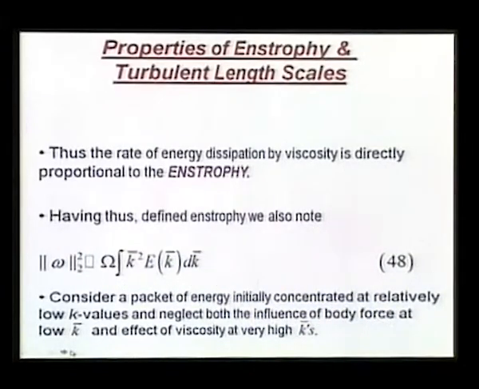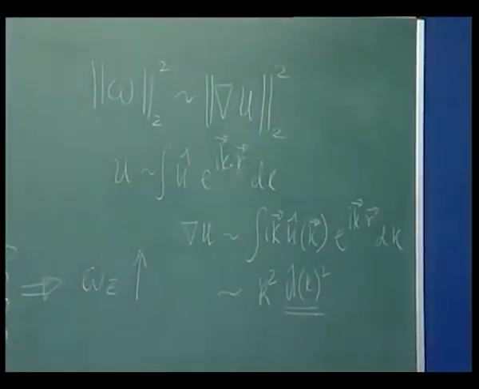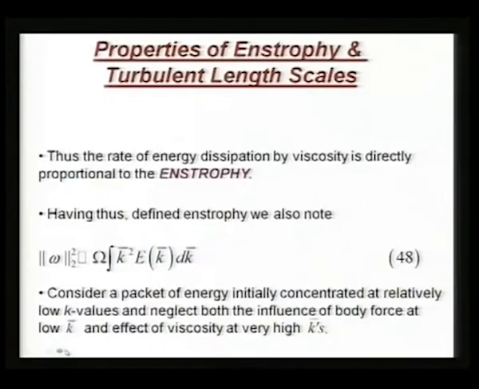Now, let us consider a packet of energy which is initially concentrated at a low k value. Suppose the body force is not acting at the low k, and you are also neglecting the effect of viscosity at very high k. Then what happens?